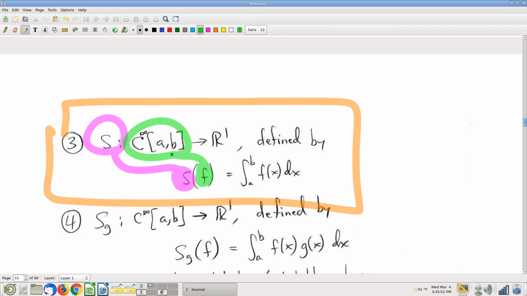Given such a function, the output value is an element of R1, in other words, a real number. Given a green input, the way I compute the real number output is that formula. Whatever your function is, just do an integral of it from A to B. So that's what S does. And I claim that S is a linear transformation. I'm going to leave this one as an exercise to you. However, beforehand, I'm going to do this slightly harder one that's right below it, number 4 here.